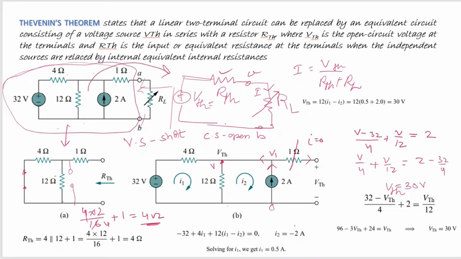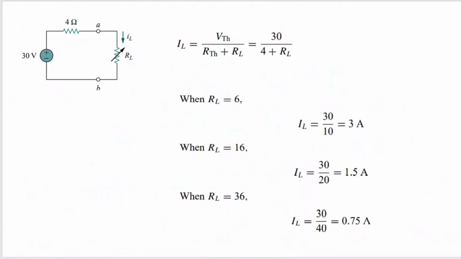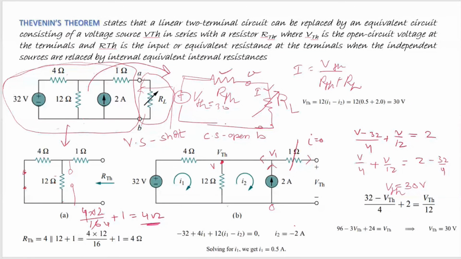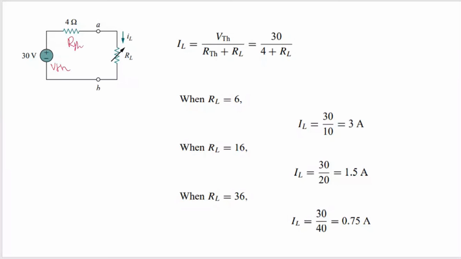So now you have calculated your VTH and RTH. VTH is 30 volts and RTH is 4 ohms. Now across this A and B, again connect the RL which you have removed, and now you have formed a series circuit.